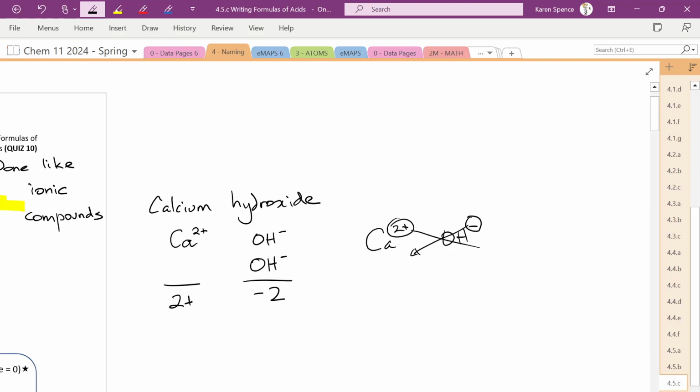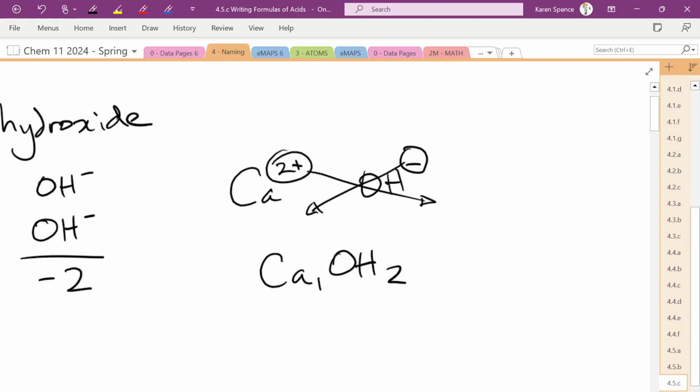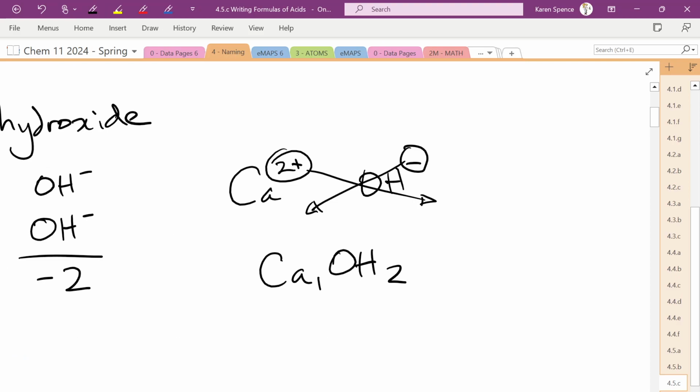And then if you need to, you would simplify. So this would be Ca, and that's just a 1, and then OH2. I would like you guys to critique this formula that I have written. Tell your partner, what is wrong with what I have written for this formula?